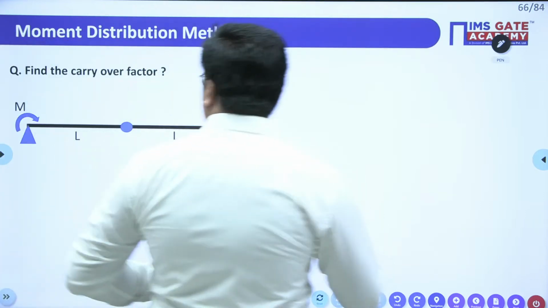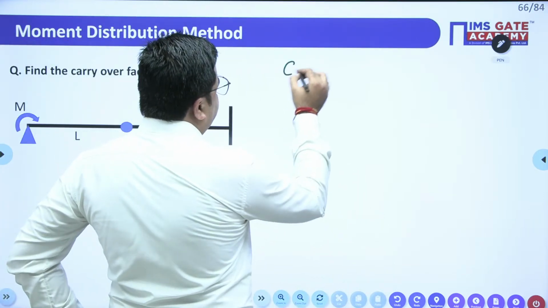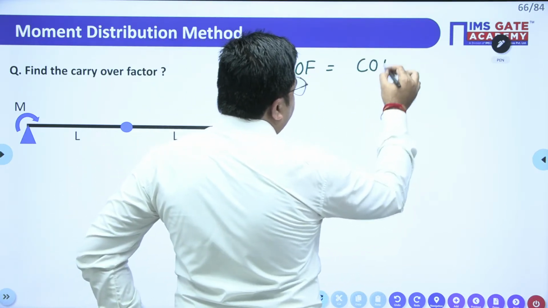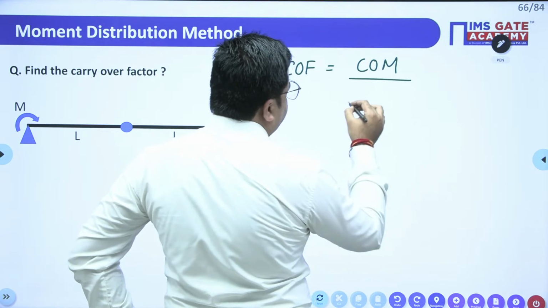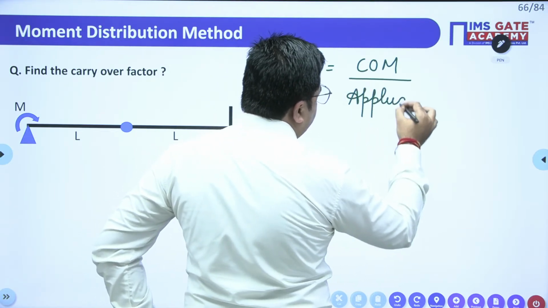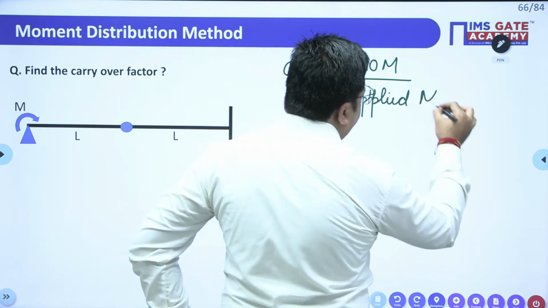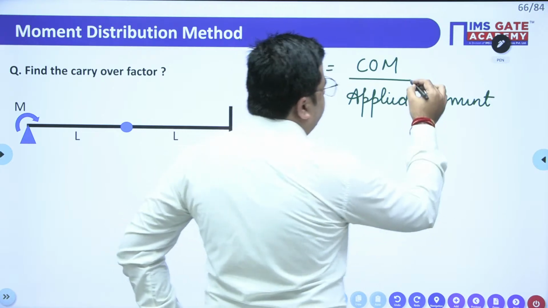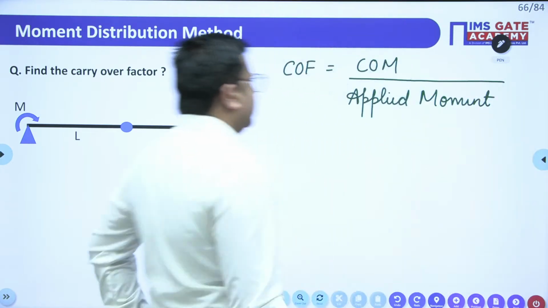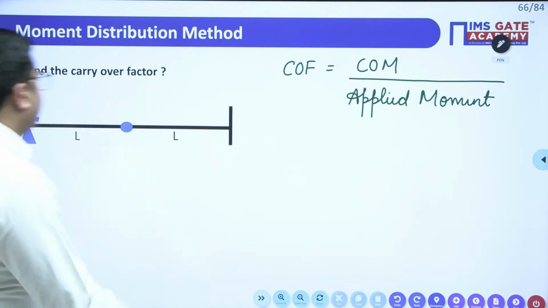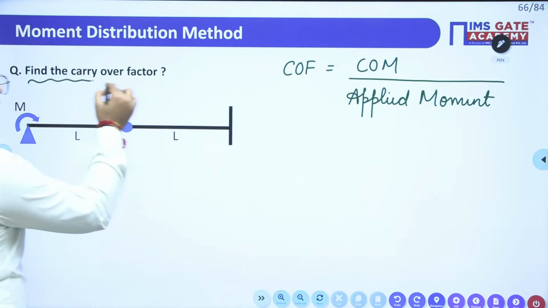So carryover factor is carryover moment divided by the applied moment. You need to find the carryover factor, right?